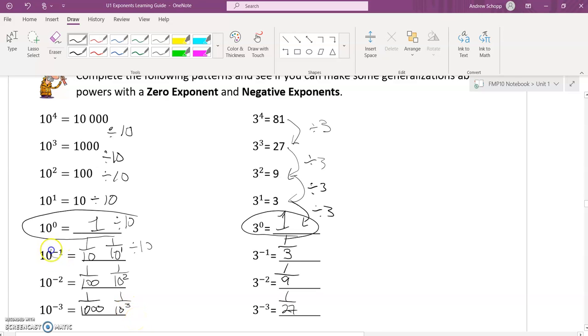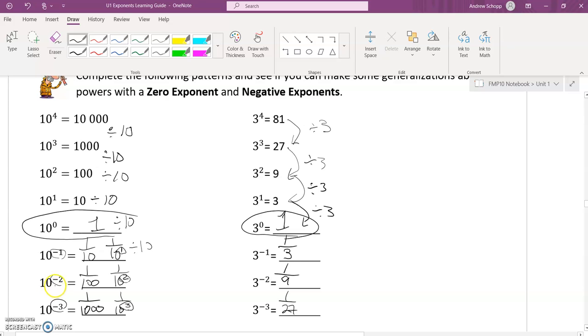So if we start to compare the exponents that we have in these two values, you can see that they're almost the same. The only difference is that when we have a negative exponent, we end up with a positive exponent. So 10 to the power of -1 is equivalent to 1/10 to the power of 1.